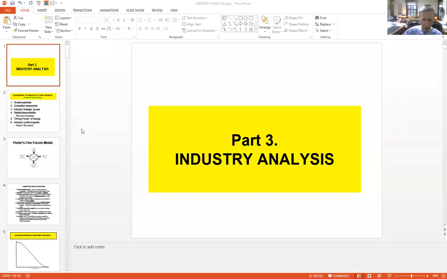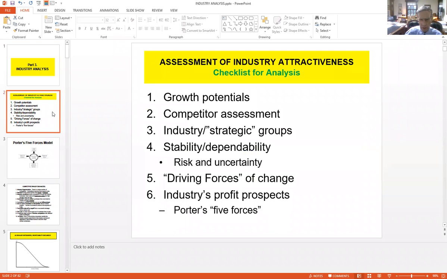There we are. So here we are in part three, industry analysis. Now, if you are a business analyst working in the strategic planning department of a corporation, what kind of questions might you ask when you begin to analyze an industry?